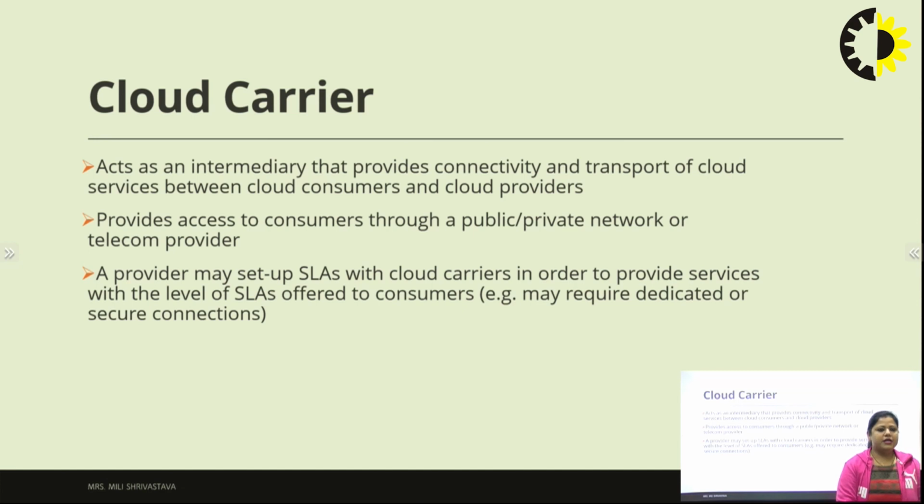A provider may set up SLAs with cloud carriers in order to provide services with the level of SLAs offered to consumers, that is, they require dedicated or secure connections.